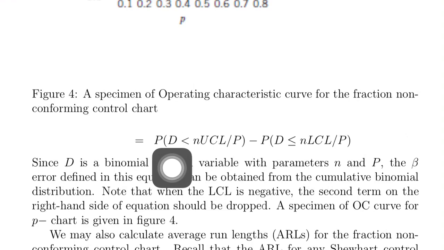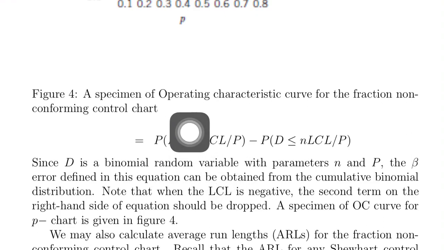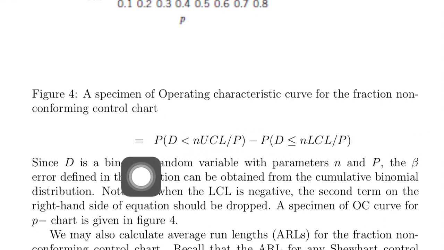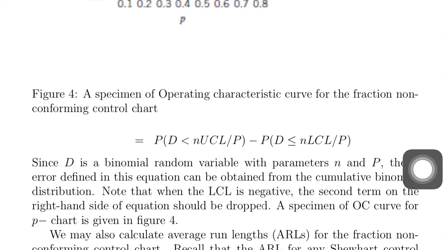And how can this probability be computed? Using the distribution of D. What is the distribution of D? It is the binomial distribution. So using binomial distribution tables or binomial probabilities, you can find this value. So beta of P can be computed using this formula.